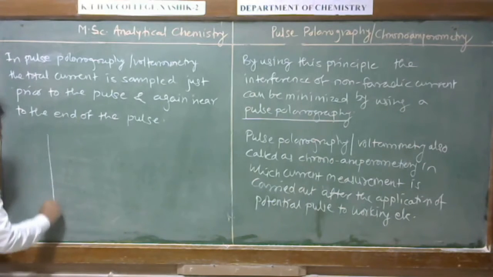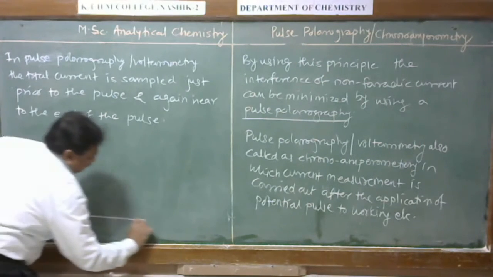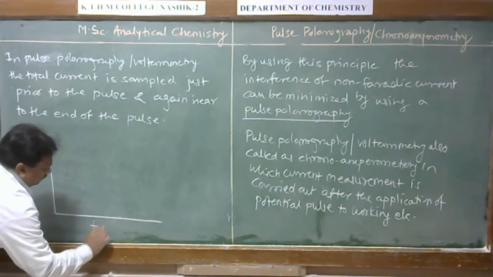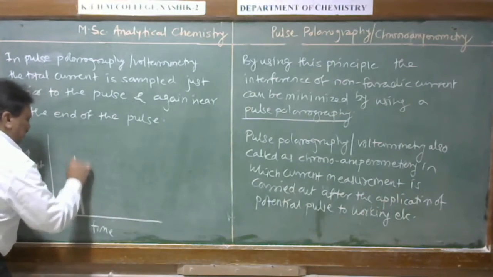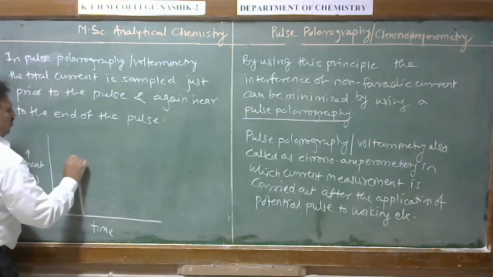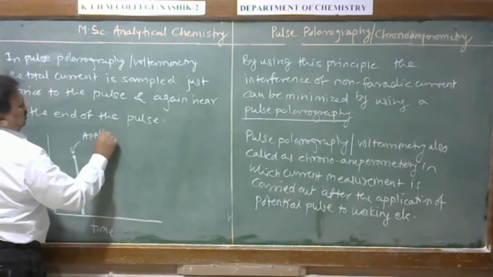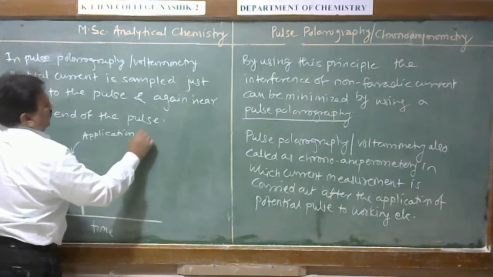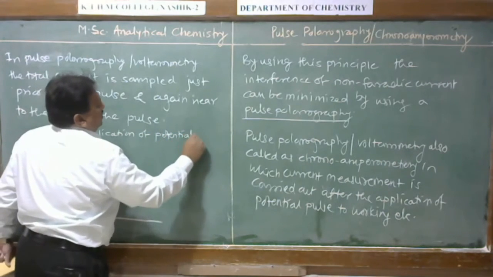In this case, current measurement, that is current in microampere versus time. Now here, this is a time at which we can suddenly increase the potential, that is an application of potential pulse.